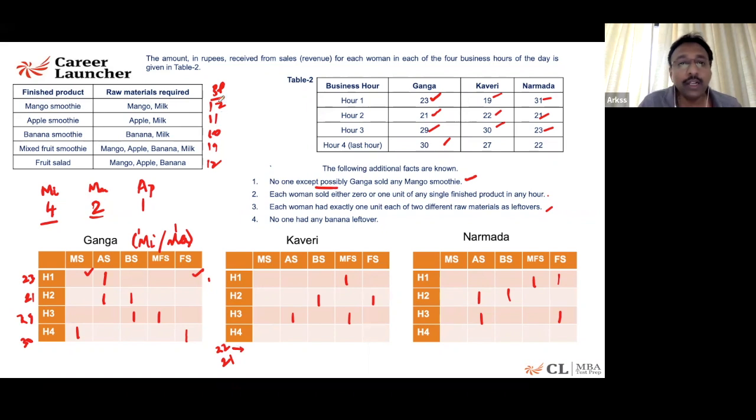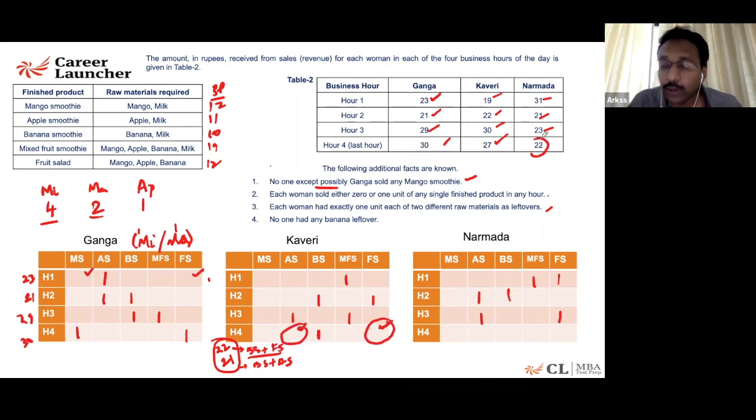If it is 22, then banana smoothie and fruit salad. If it is 21, it has to be banana smoothie and apple smoothie. The only two possibilities. So banana smoothie, in both cases, is definitely there. So either it is apple smoothie or fruit salad. That's the only thing I will get to know for this one.